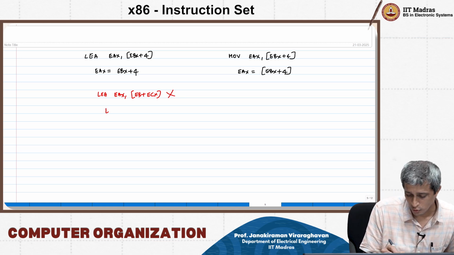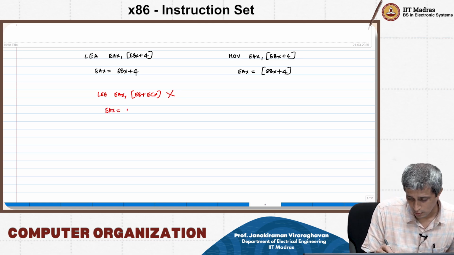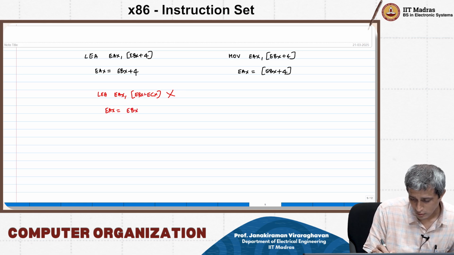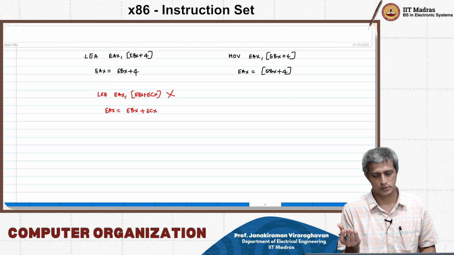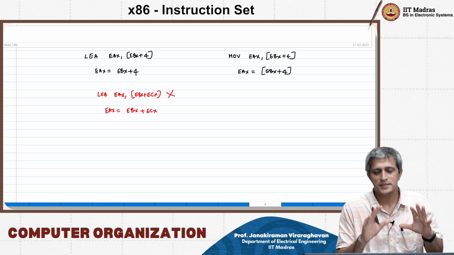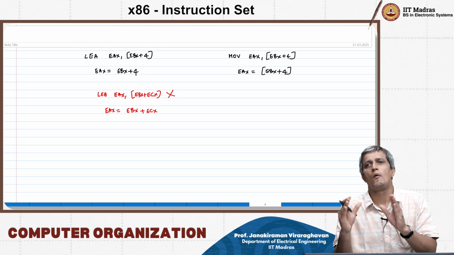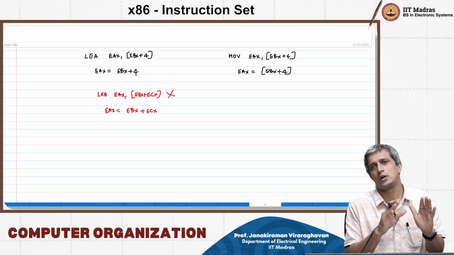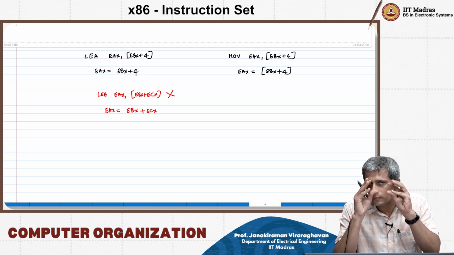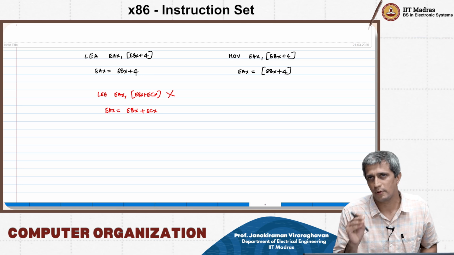It's not equivalent to saying EAX equal to EBX plus ECX. It's not possible to do this. So these are the things you have to keep in mind and be very clear about: what is allowed and what is not allowed by the instruction set of that microprocessor.